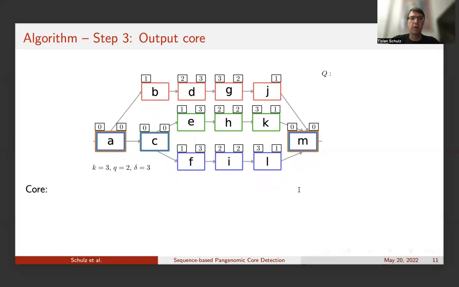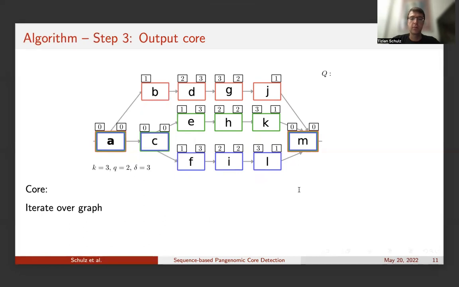The last step of our algorithm now is the output of the core. We have all information we need already stored in our graph. So the only thing that we need to do now is to iterate over our graph once again and use the annotations we put there.